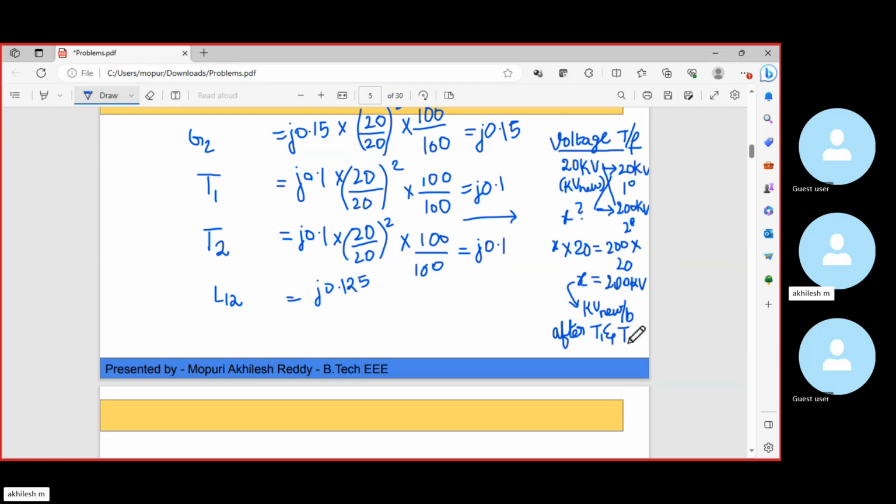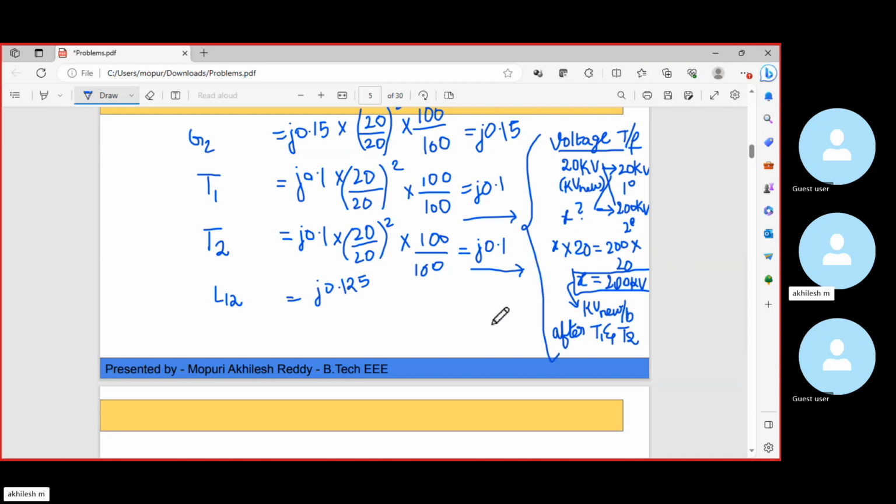So after T1 and T2, my base is changed to 200 kV. This is the conclusion, the procedure we need to follow for voltage transformation.